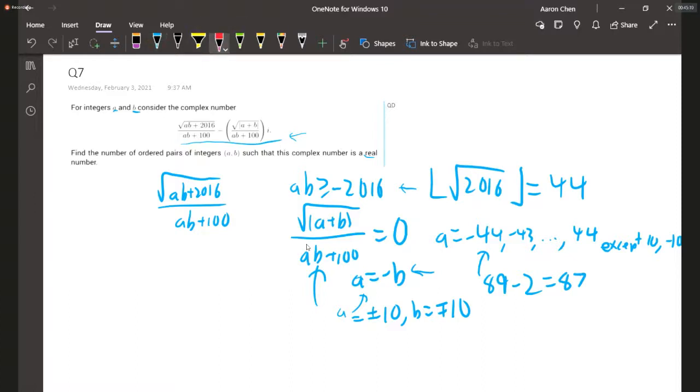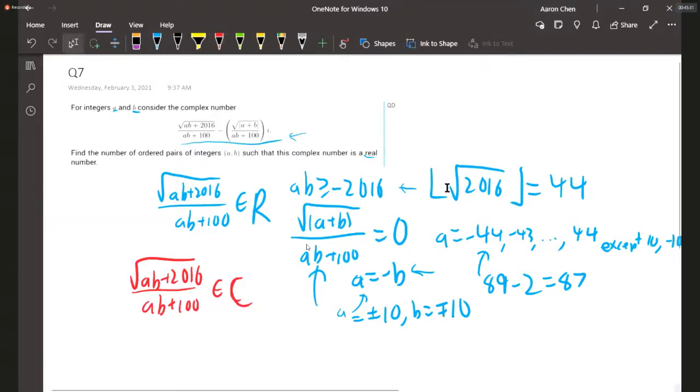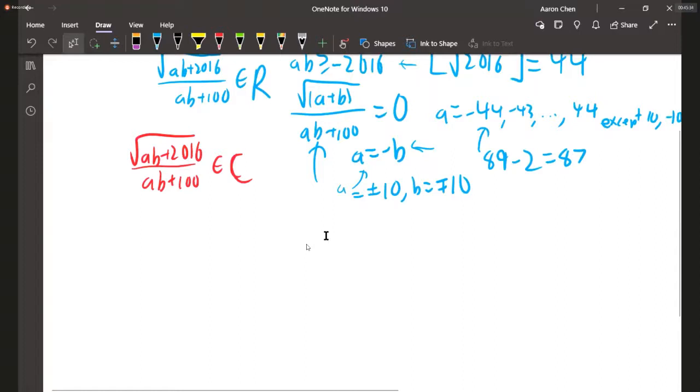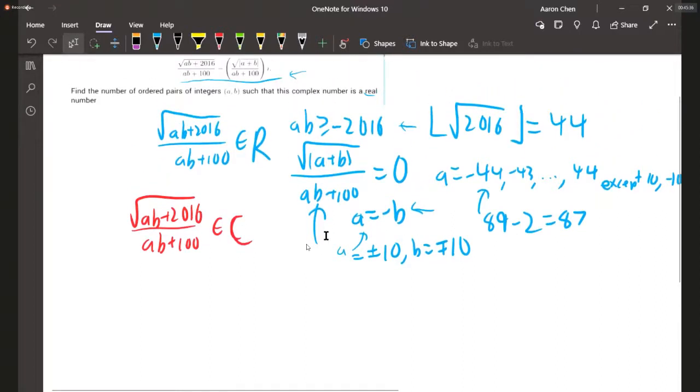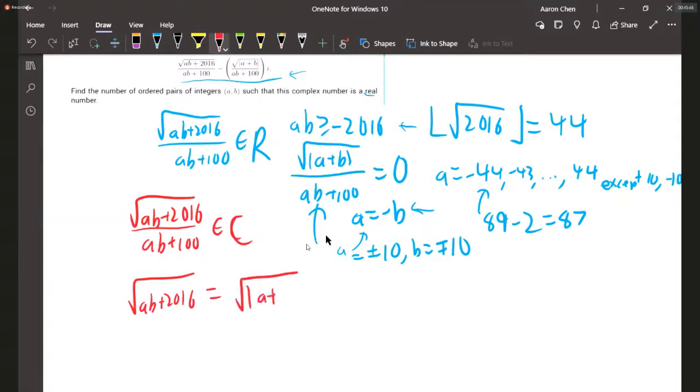And in the other case, this case is when the square root of ab plus 2016 divided by ab plus 100 is complex. The first case was when this was real. So when this is complex, the only requirement now is that the square root of ab plus 2016 equals the absolute value of a plus b.